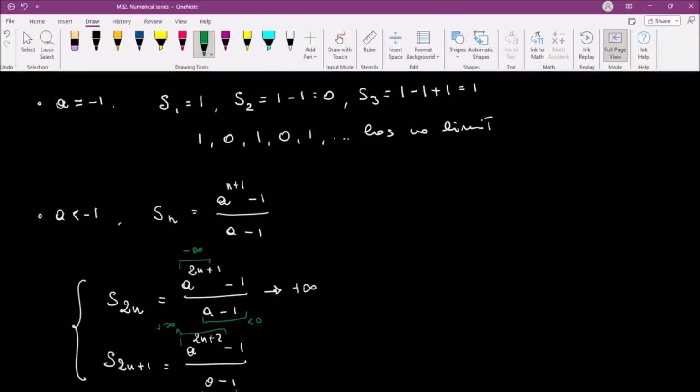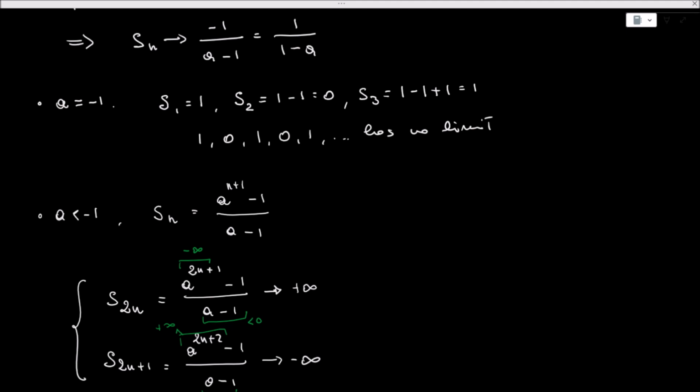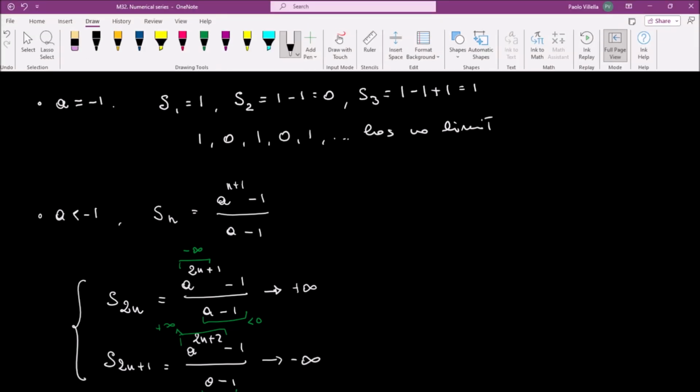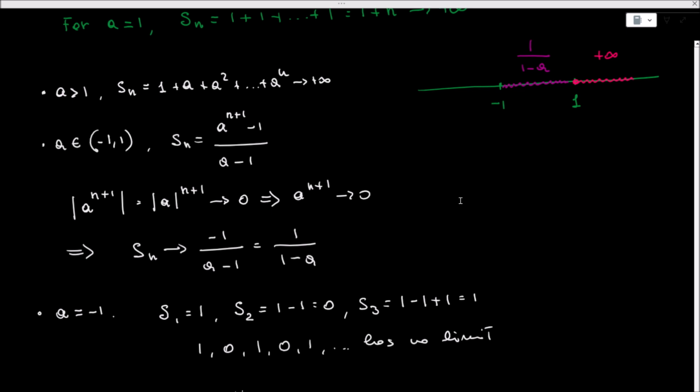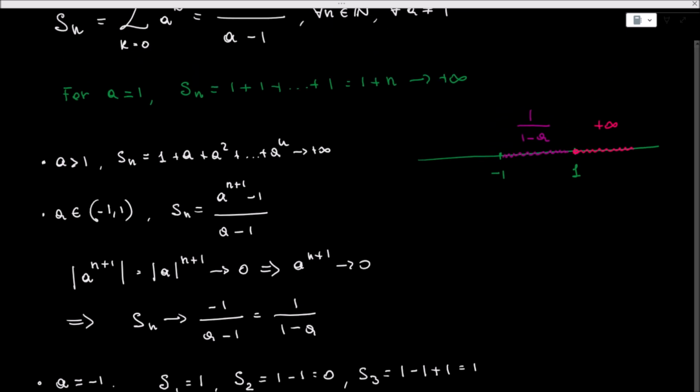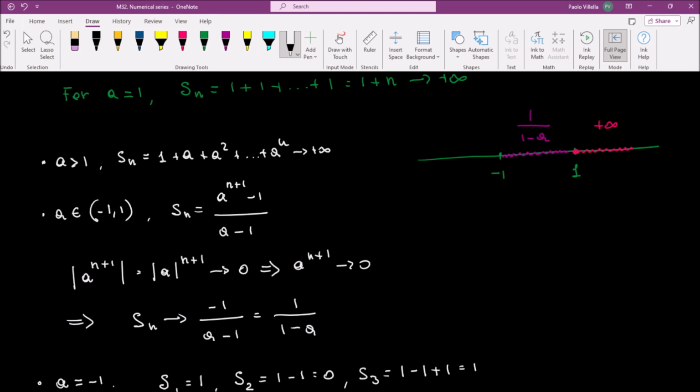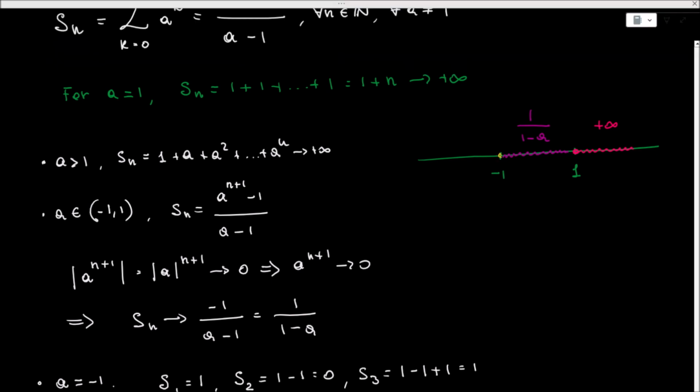So the ratio will diverge to minus infinity. So there cannot be any common limit because these two subsequences have different limits. So we can conclude saying that there is no limit. So we can go back to our previous picture and conclude that in all these situations where a is minus 1 and to the left of minus 1, there will be no limit.